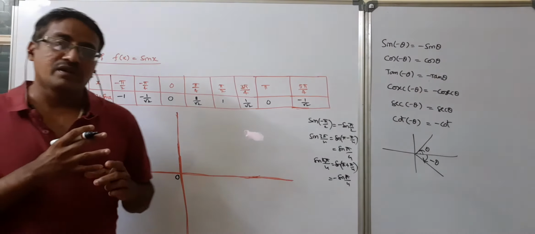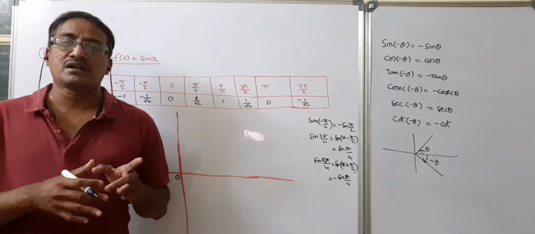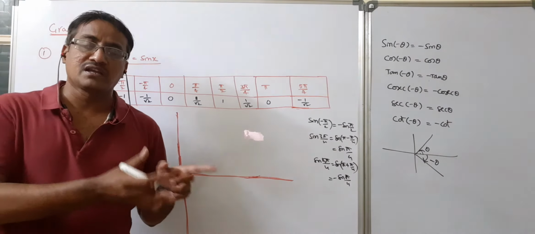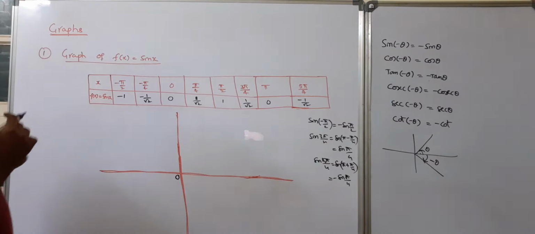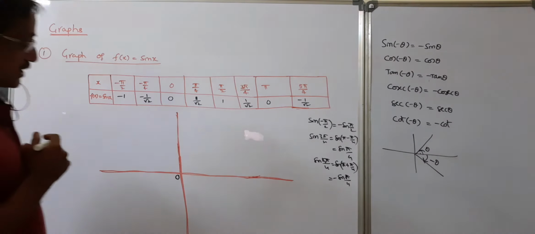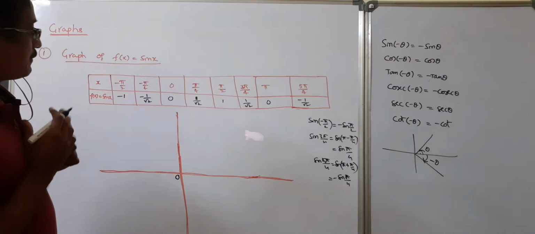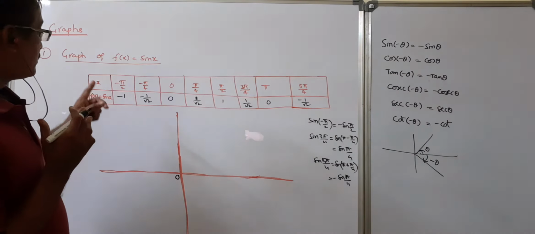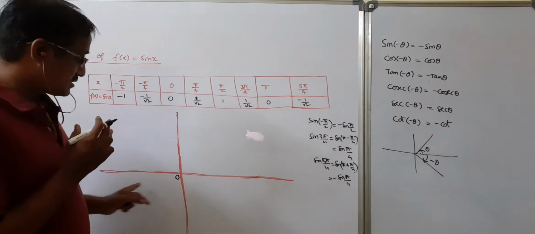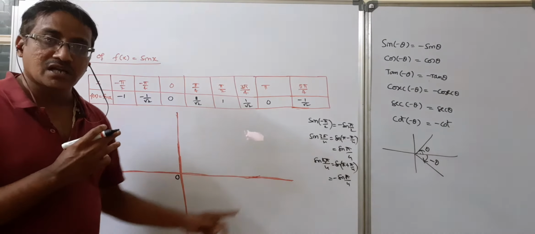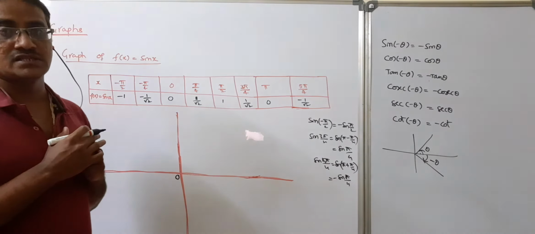Now you have x values and the corresponding values of y for that given x. Now let us see how we are going to draw the graph of sin x. For that, remember that you need to take the x values on x axis and corresponding values on y axis.